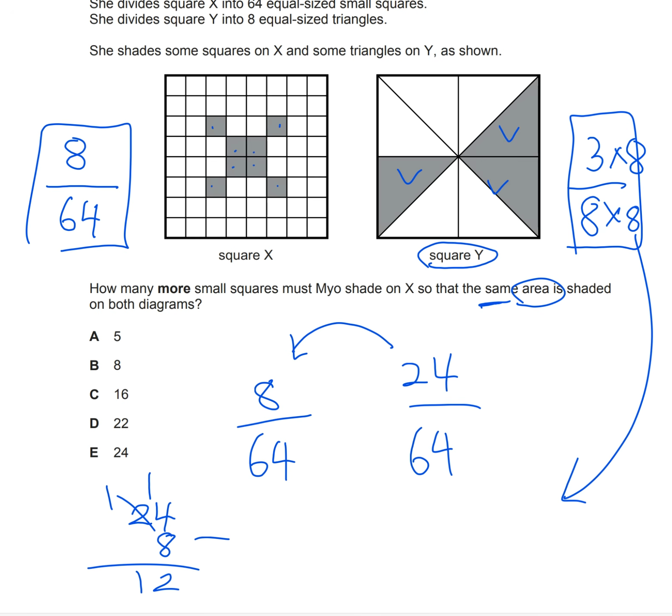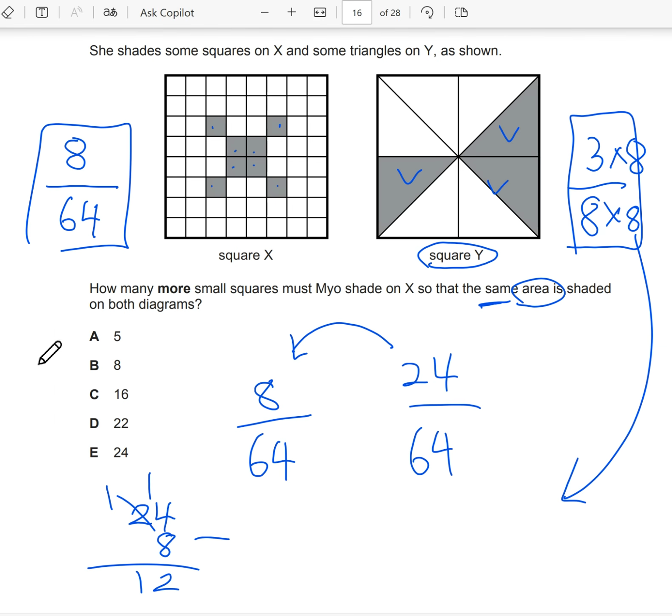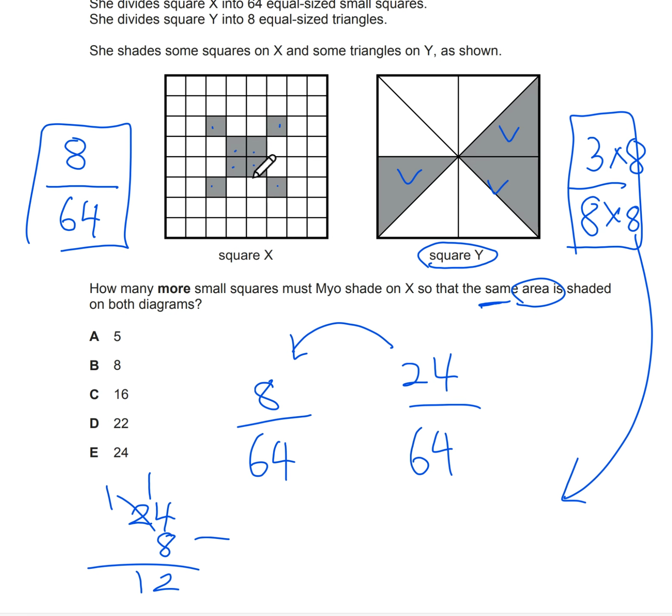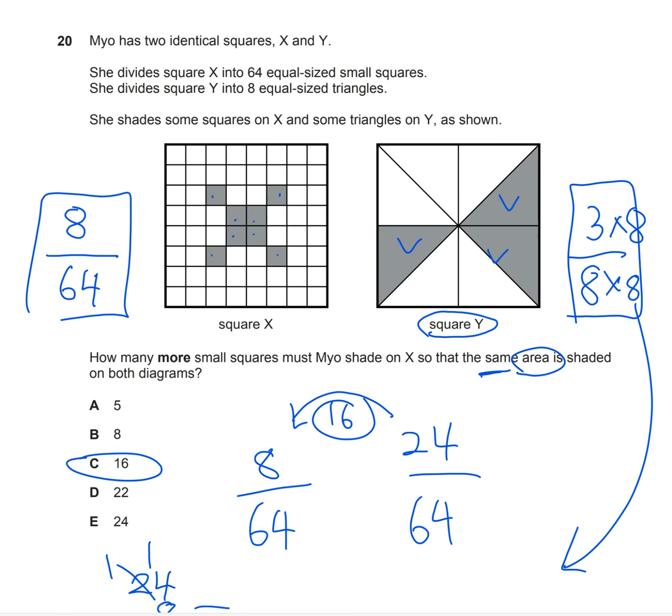So 12 more squares needs to be shaded in order for this to, sorry, my bad. It's not 12, it's 16, isn't it? Okay, so we need 16 more squares to be shaded, or C, for this to be the same in area.